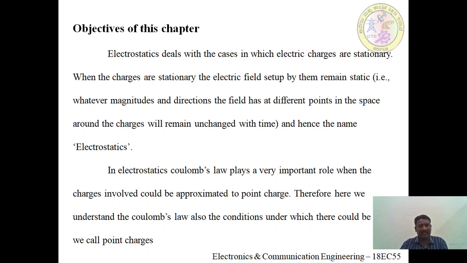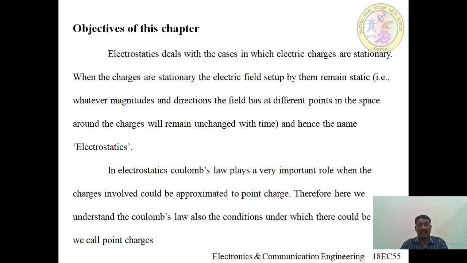In electrostatics, Coulomb's law plays a very important role when the charges involved can be approximated to a point charge. The charges may be taken in different forms, that is point charge, line charge, surface charge, volume charge, etc. But Coulomb's law deals especially with point charges.